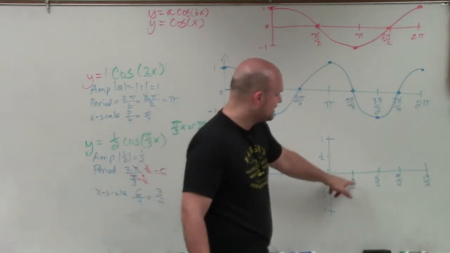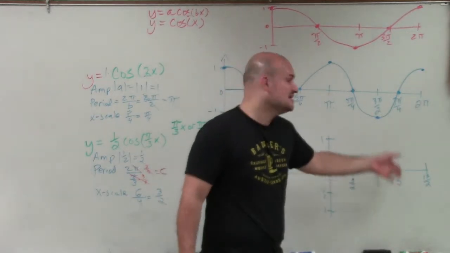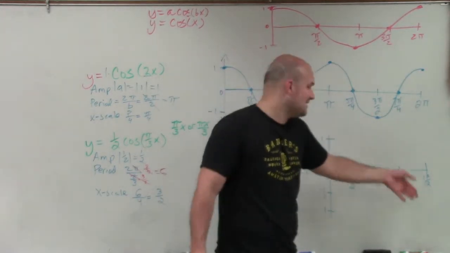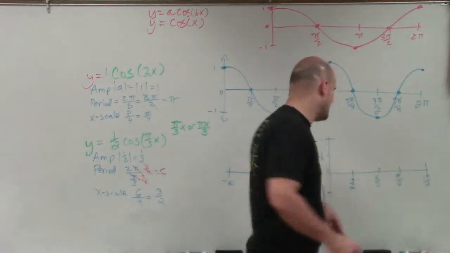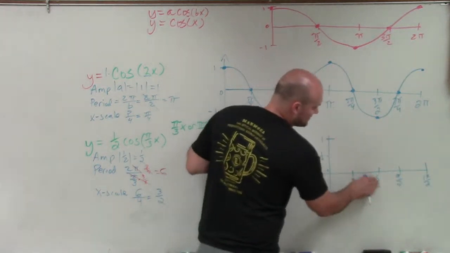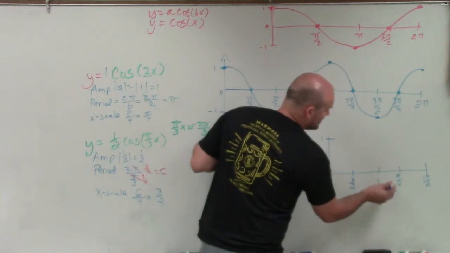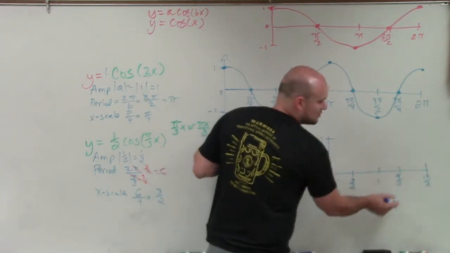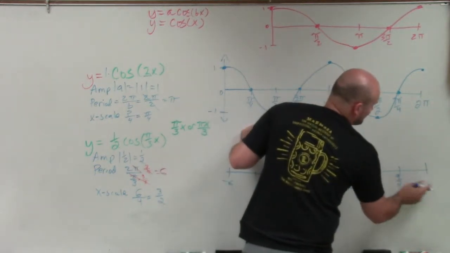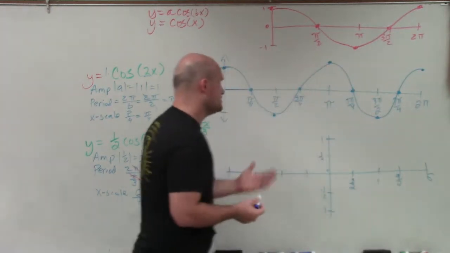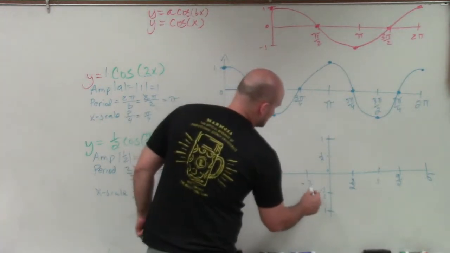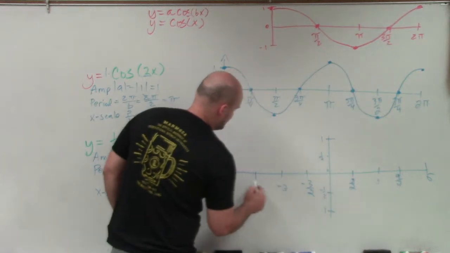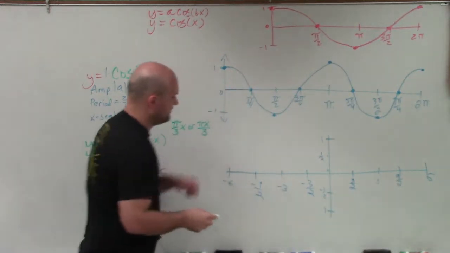So 3/2 plus 3/2 would be 6/2. 6/2 plus 3/2 would be 9/2. 9/2 plus 3/2 would be 12/2. Well, 3/2 cannot be reduced. 6/2 can reduce to 3. 9/2 cannot be reduced. And then 12/2 we know can be reduced back to 6. So now I'm just going to do the exact same in the negative direction. And we already have -6.